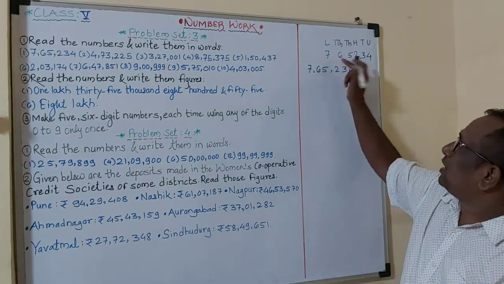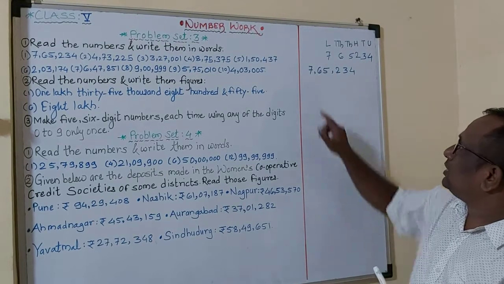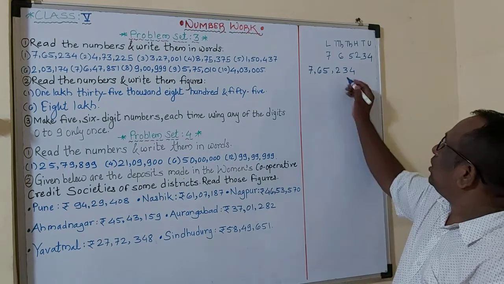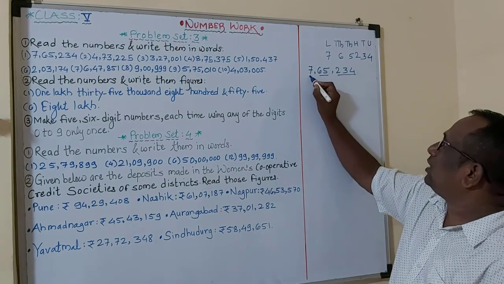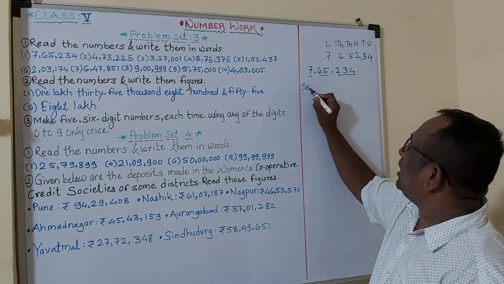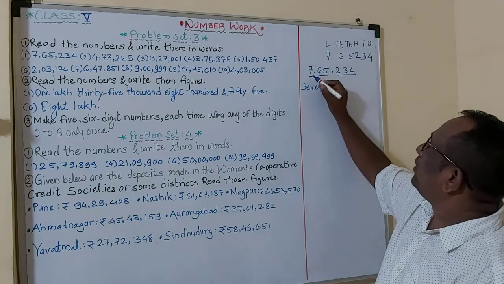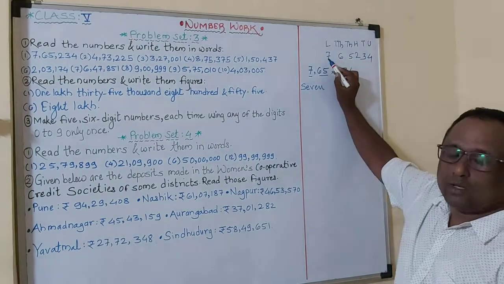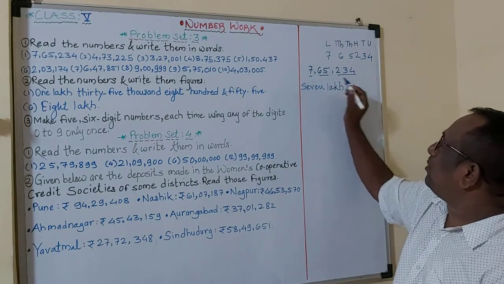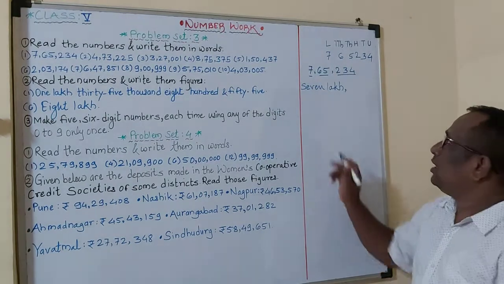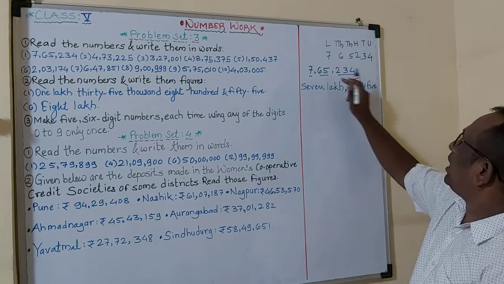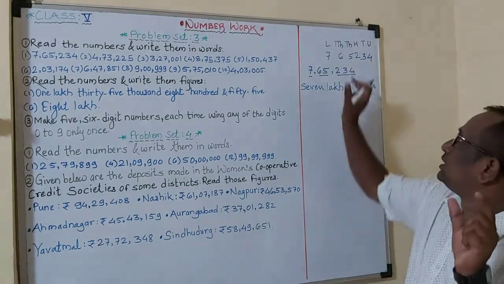Now here, lakh place 7. See, the commas are given after 7, then 65, and then the last part. So we have to write this together, this together, and this separately. We begin first. This is 7. Where is 7 located? At the lakh place. So 7 lakh. Then 65, after the comma. Here also you have to put the comma, don't forget. 65 means this 2 is at the 10,000 place.